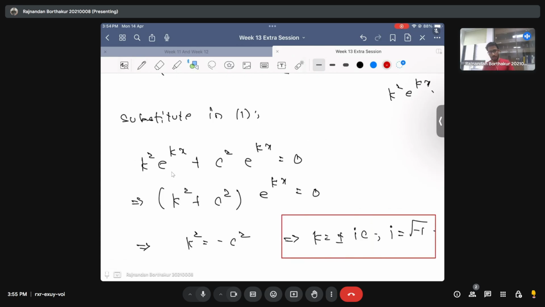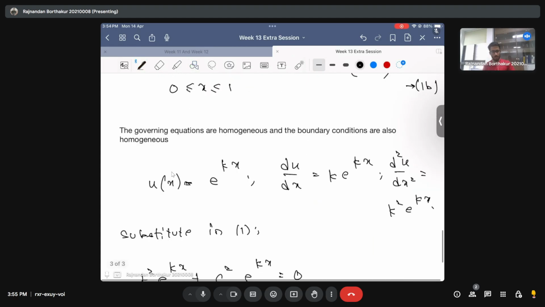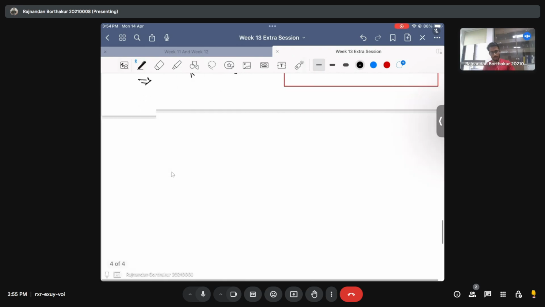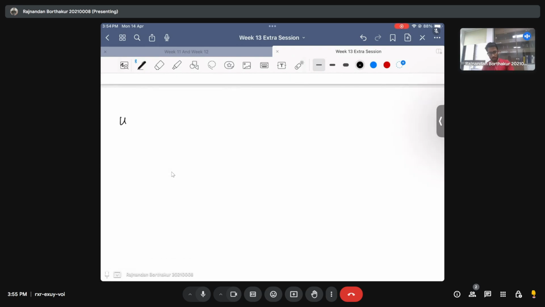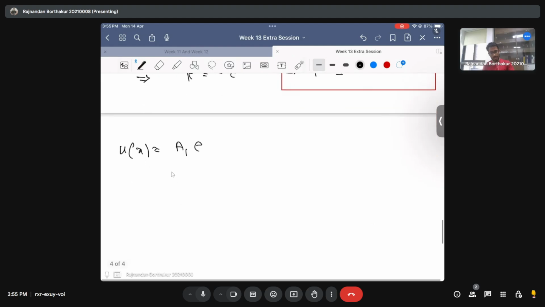So that's the value of k that we got by considering the form u of x equal to e power kx, which means that the two independent solutions for u of x would be, let's say, a1 e power icx plus a2 e power minus icx. Okay.